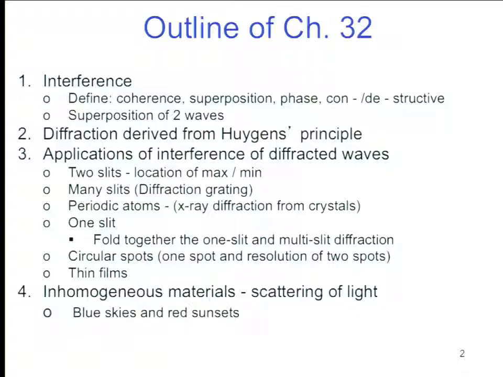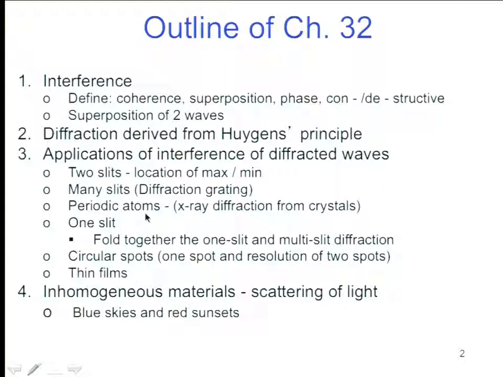So this is a very powerful effect, and it's used to determine the wavelength of light, for example. And that's a very important concept of the wavelength. So we're going to have diffraction of waves, and then the waves will interfere. For example, 2 slits, where you can have many slits.